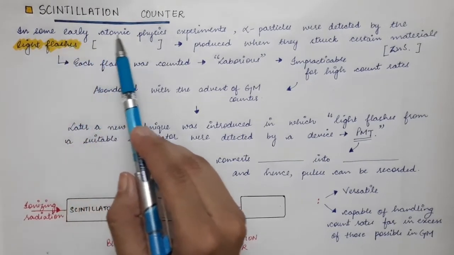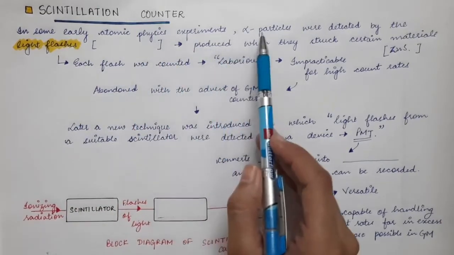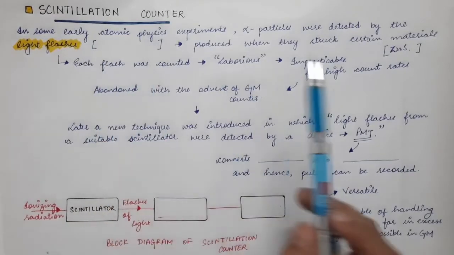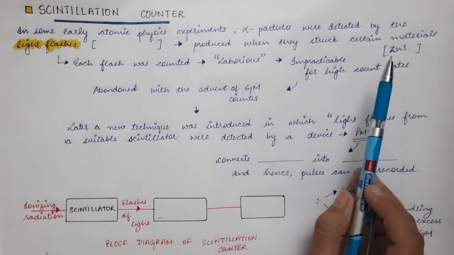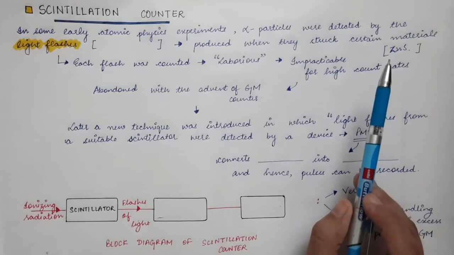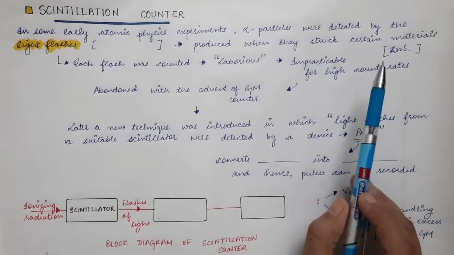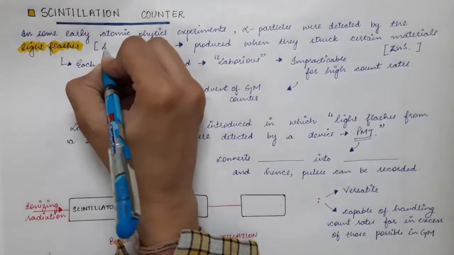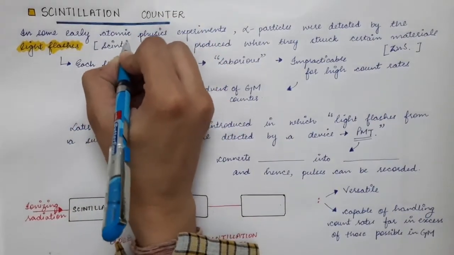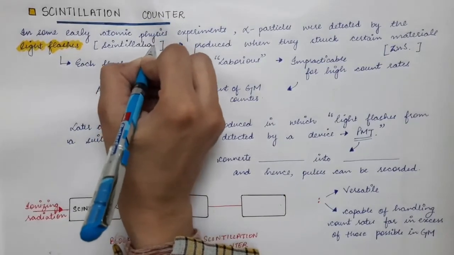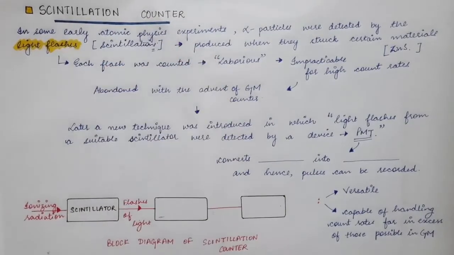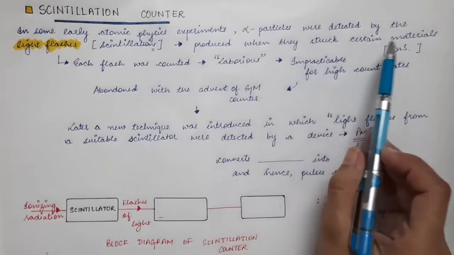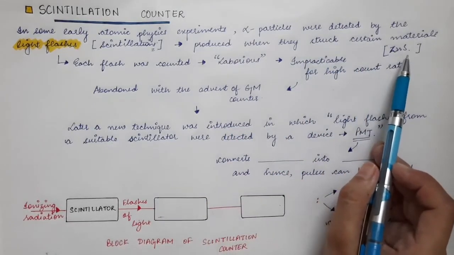In some early atomic physics experiments, alpha particles were detected by the light flashes. When the fluorescent material's atoms or molecules return to the ground state, they emit light flashes, which are also called scintillations. These scintillations are produced when particles strike certain materials like zinc sulfide.